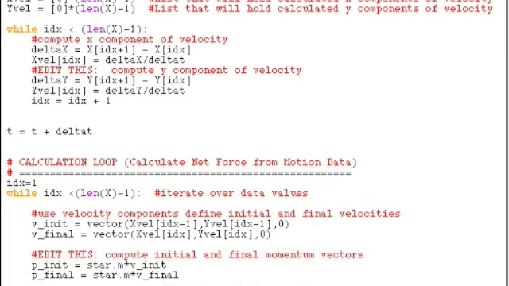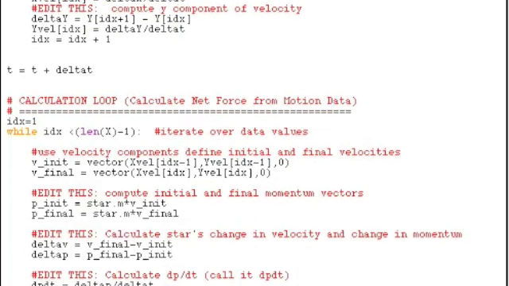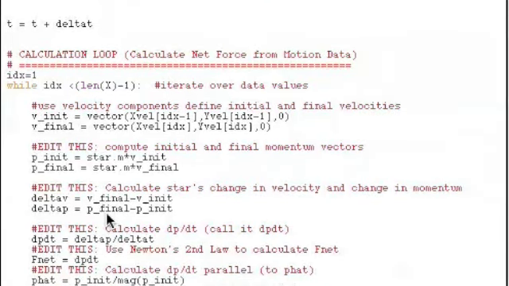And then we edit the initial momentum, which is the mass of the star times the initial velocity, and the final momentum, which is the same mass of the star times the final velocity. And then we find the difference between the two.